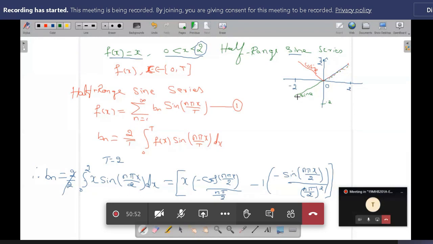Or else the same function, if you use a cosine series, it will look like an even periodic extension. That's it. In the question, they will definitely specify: express the given function with the half range sine series or half range cosine series. They'll definitely specify.